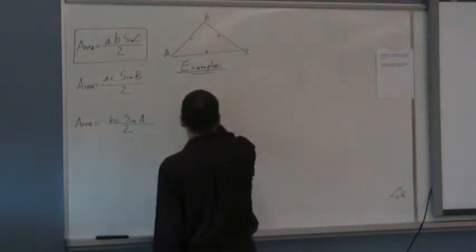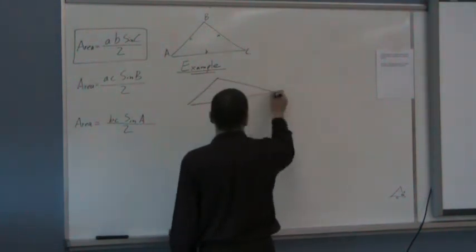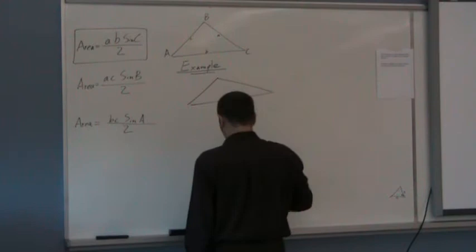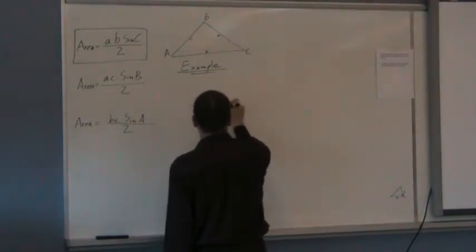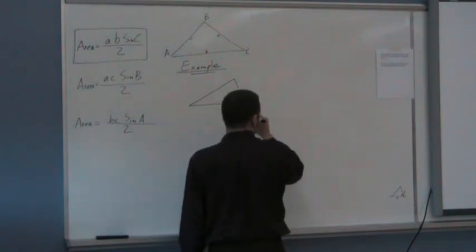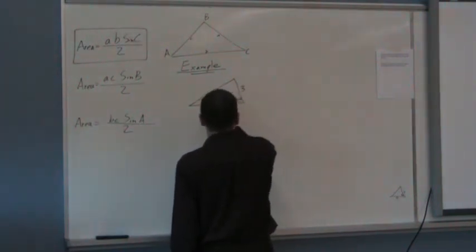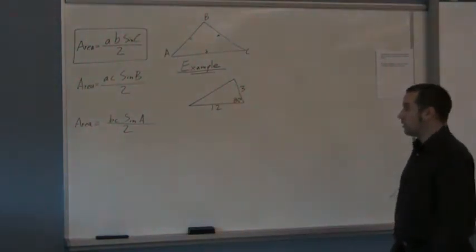Okay, so let's do an example where my triangle looks something like this. Let's make it look a little closer to what my measurements are going to be. Let's say I have 85 degrees here. This is 3, this is 12. Find the area of that particular triangle.